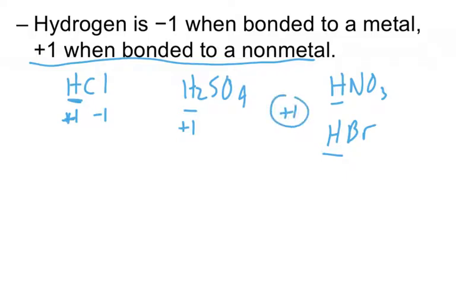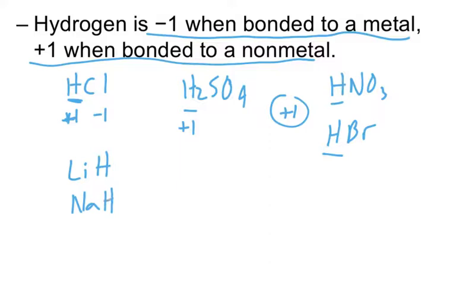However, there is a scenario where hydrogen has a -1 charge. Here you will see that hydrogen is actually written second because hydrogen is combined with a metal. Here's an example: lithium hydride, sodium hydride, potassium hydride. Notice that hydrogen is combined with a metal.